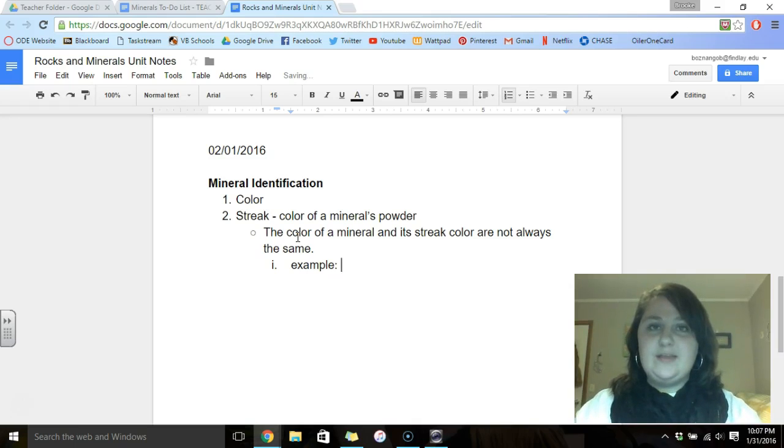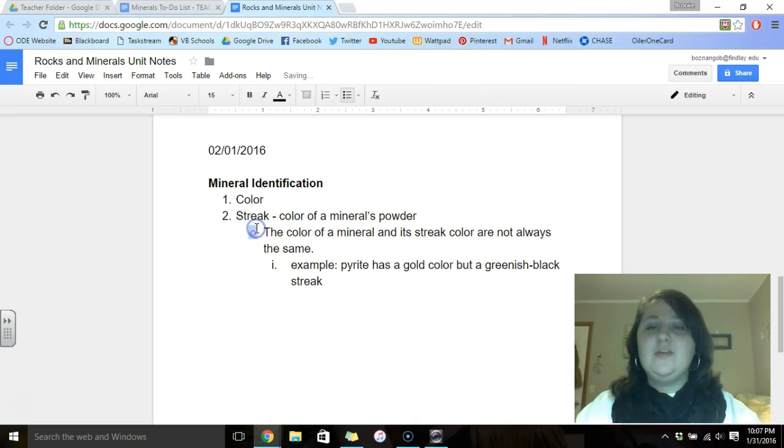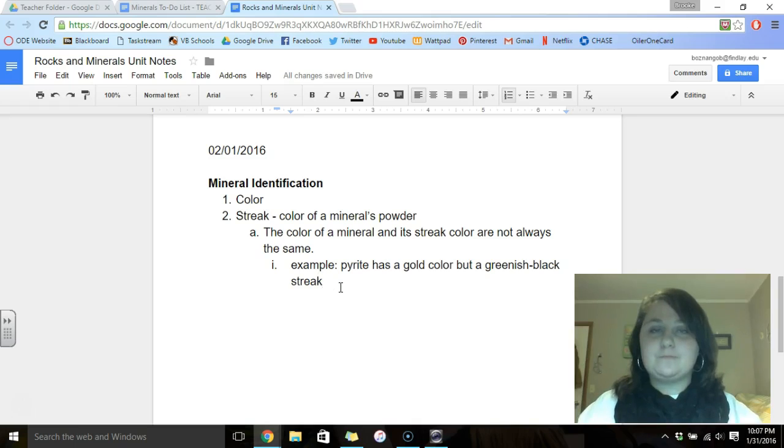The example that it gave us is pyrite has a gold color, but a greenish black streak. And you're actually going to get the chance to work with pyrite later on. You're going to get a chance to actually look at it and work with it a little bit. So you're going to see this yourself.